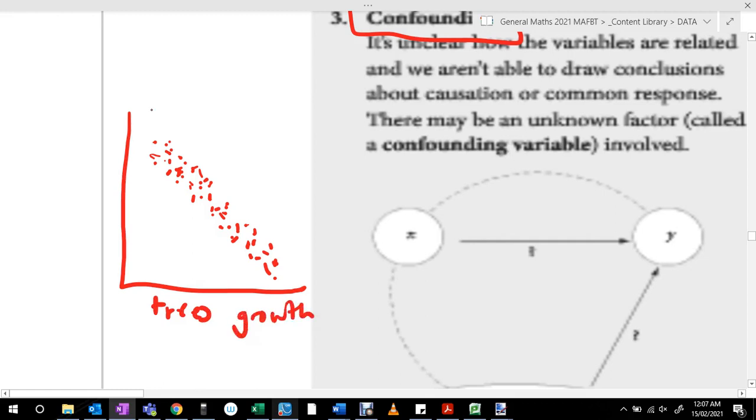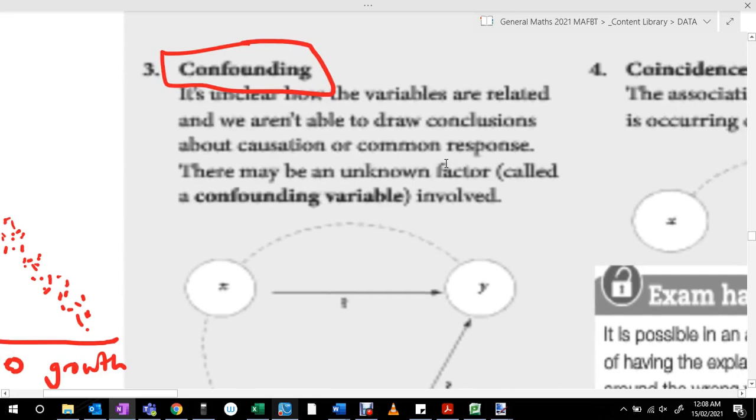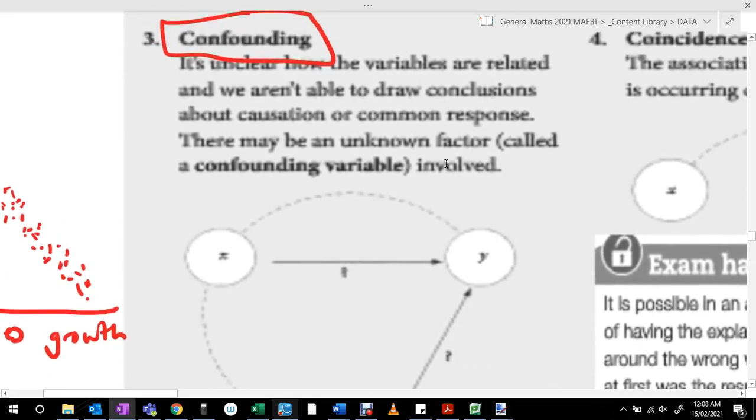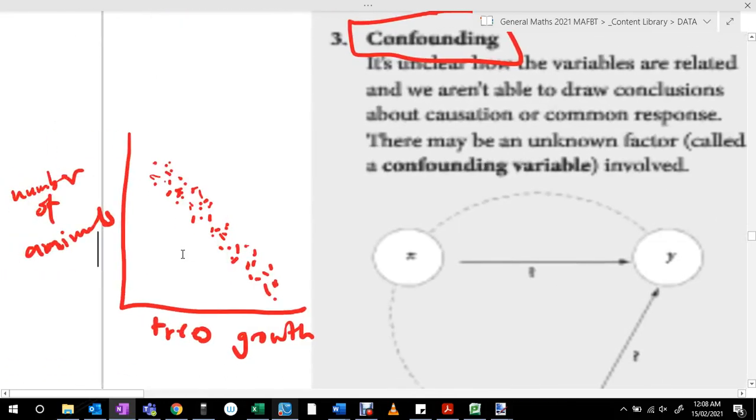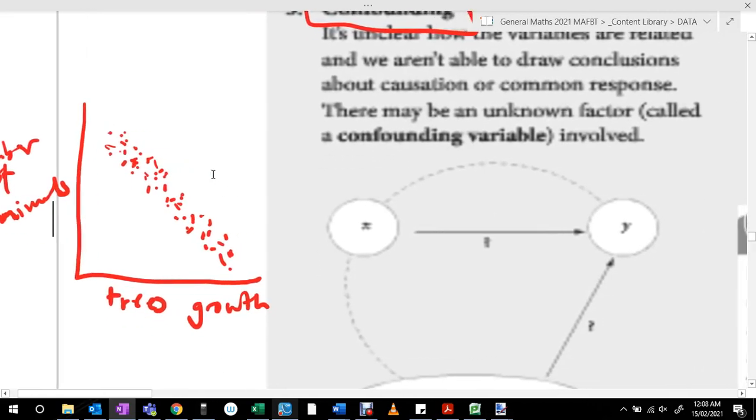And maybe in this one it could be number of animals. Again, it could be a variable that's affecting both, but we don't actually know what it is. And we can't draw any real conclusions about what it could be, unless maybe you did some tests.